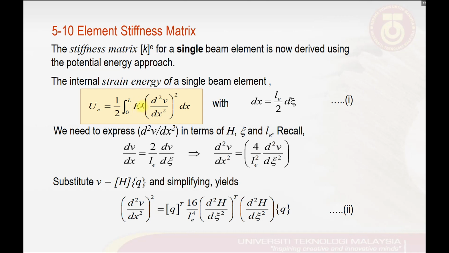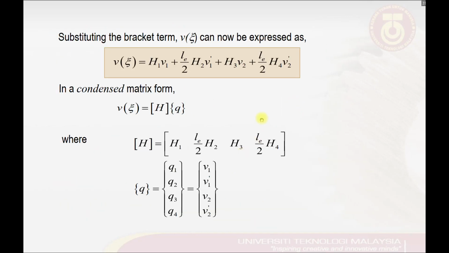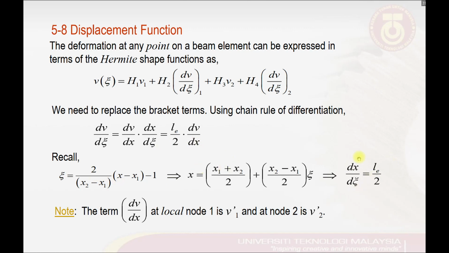We have I, the moment of inertia, and then we have the double differentiation of dv over dx, and we square it, and then we integrate it in the x direction, where we know already that dx equal to L over 2 multiplied by dz, which we obtained from this slide here.